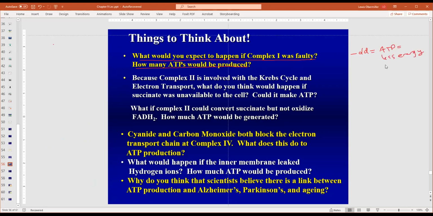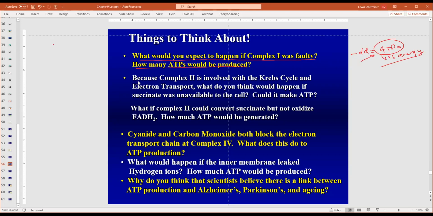And that's sort of what we equate to getting older. So if we could figure out these deficiencies in mitochondria or increase the number of mitochondria, you could be a multi-trillionaire because people would want your product.